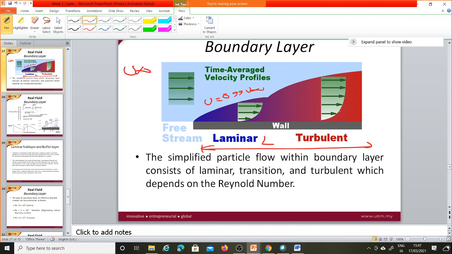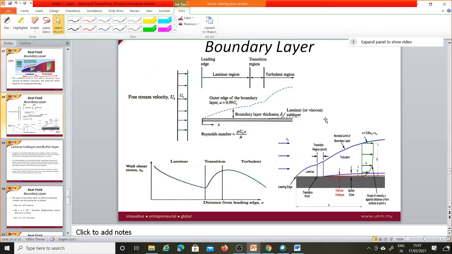It means the velocity gradient is gradually moving like this. So the layer of the fluid is higher in case of turbulent, and it will develop. If you move away from the leading edge, it will gradually develop. So this is the condition. Okay, in details, sometimes we ask the students what is the boundary layer and to draw the sketch.